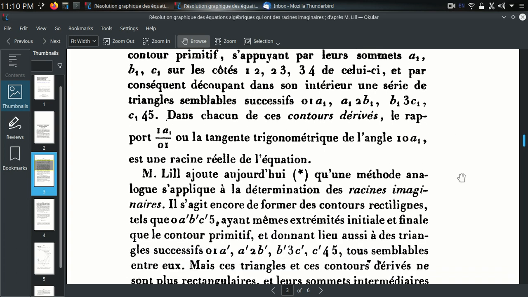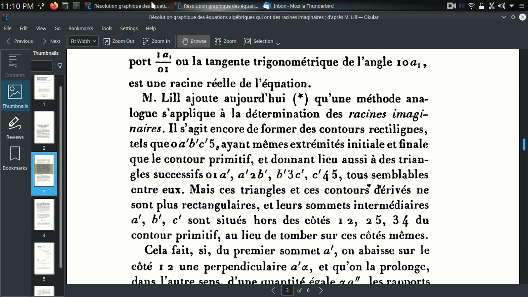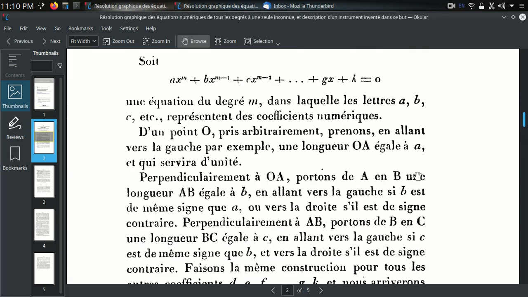Yeah, this is an example. He's using a 4th degree as an example. But here he used a cubic as an example.